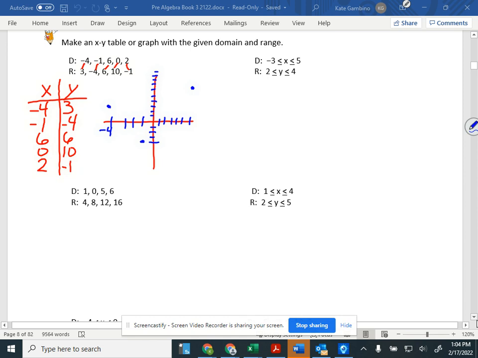Oh, you know what he wants you to do? Oh, I see what he's saying. For these ones on the left, he wants you to do the function table. The ones on the right with the inequalities, anyone that has the inequality, you're going to do a graph.